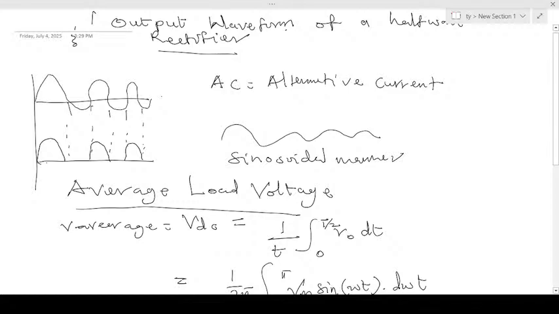So V naught is the DC voltage plus a ripple voltage. That's something for you to keep in mind as you are solving your question.